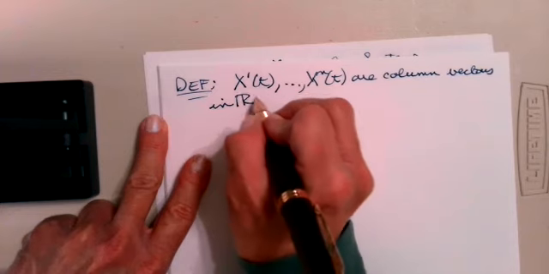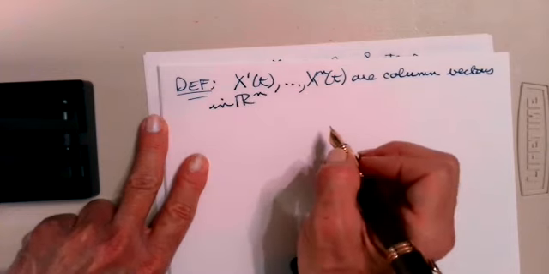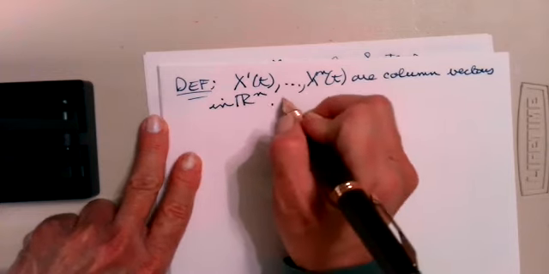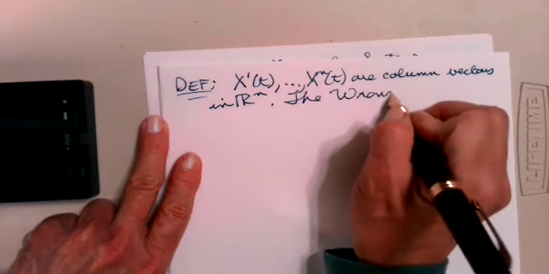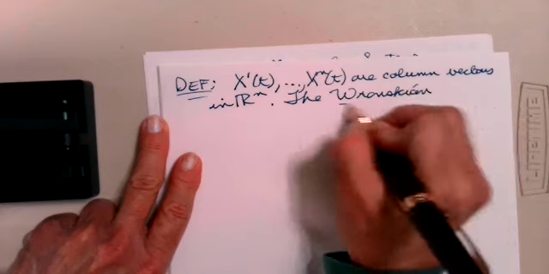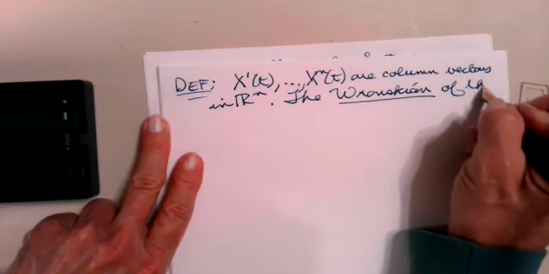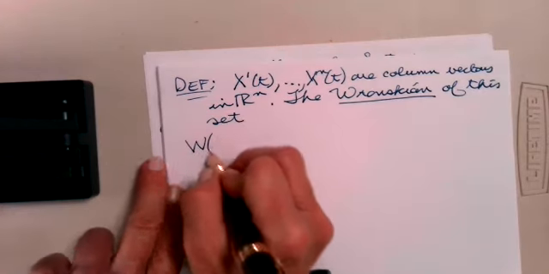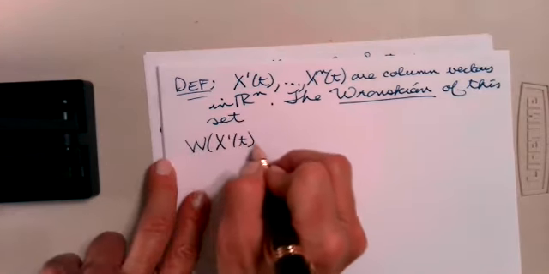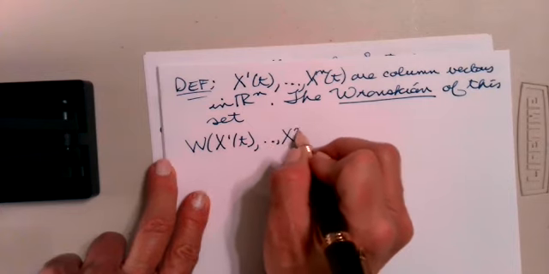That means they have n components, okay, and there's n of them. The Wronskian of this set, we'll call it the Wronskian of x1 up to xn, and here's how you define it.